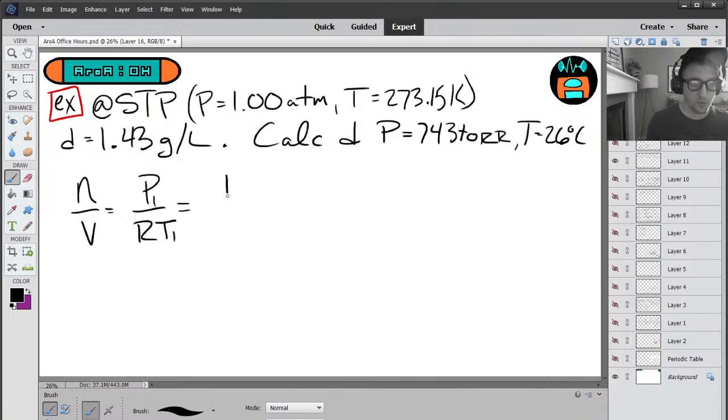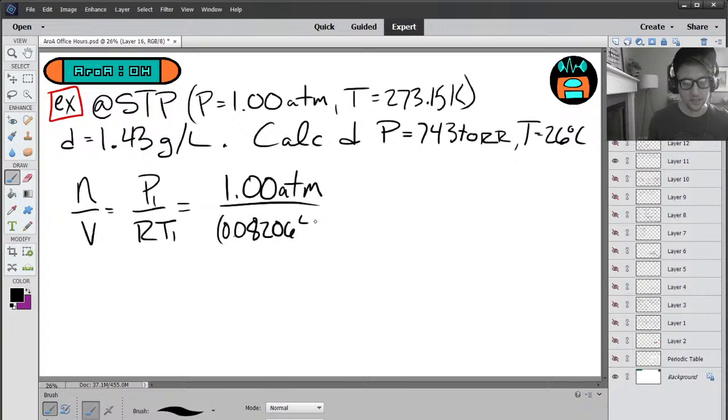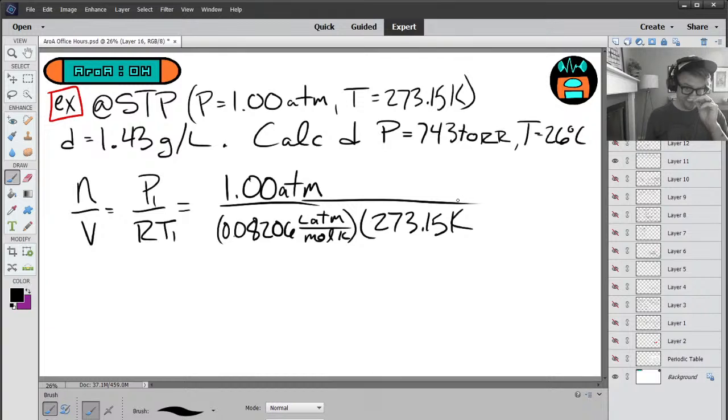Our initial pressure was 1 atmosphere because it's at STP, over R, which is 0.08206 liter atmospheres per mole Kelvin. And then our initial temperature at STP, 273.15 Kelvin. Kelvin cancels, atmospheres cancel.